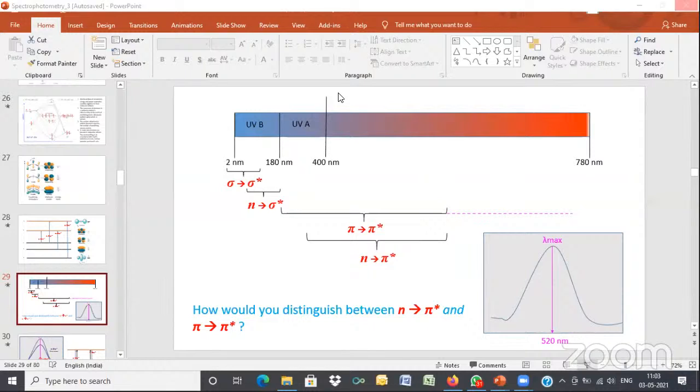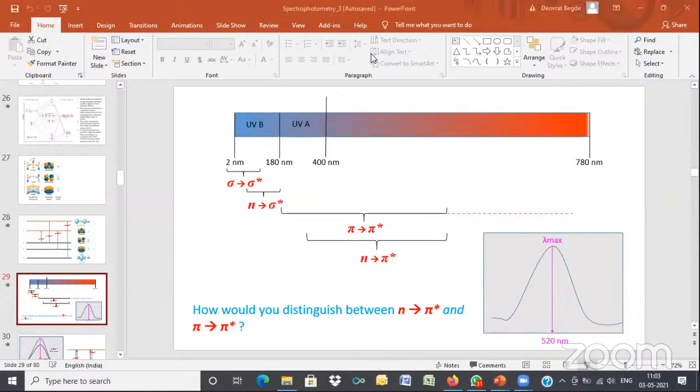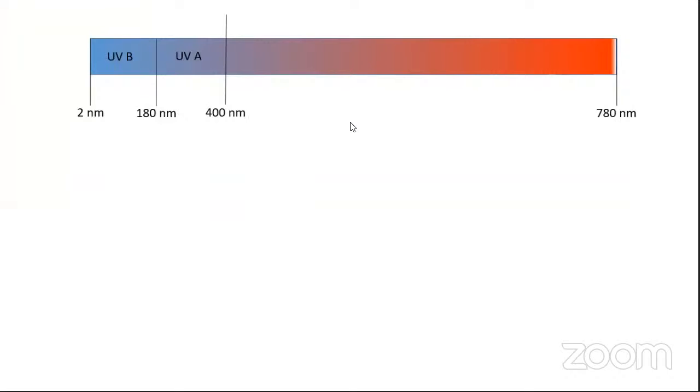Also, how it is important in terms of predicting what could be the molecular structure when we know in which range the compound is absorbing. So we will take our discussion forward from that point.